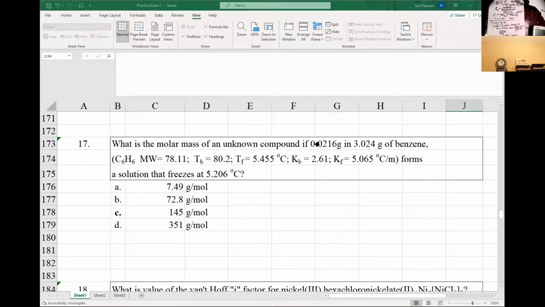And now this is going to be the number of moles. Okay, so let's do the math. I still have this number on my screen, right there. I want to multiply it by 3.024, and I want to divide it by 1,000.